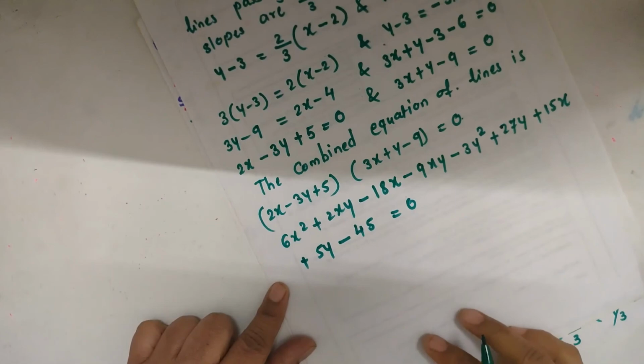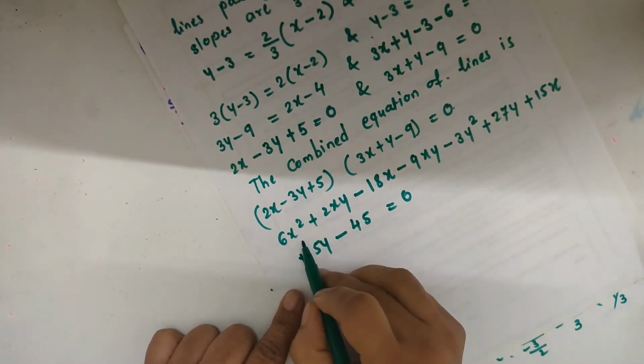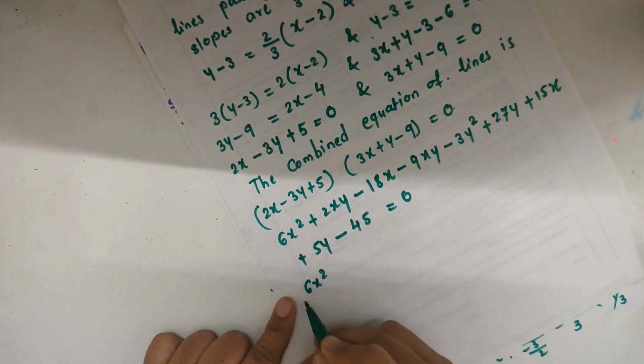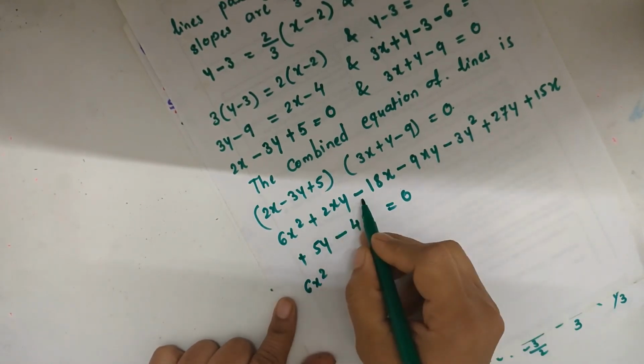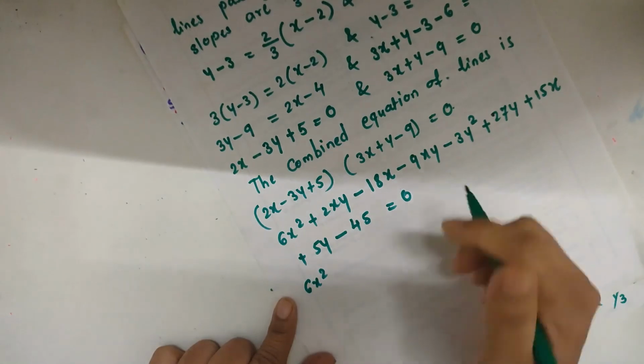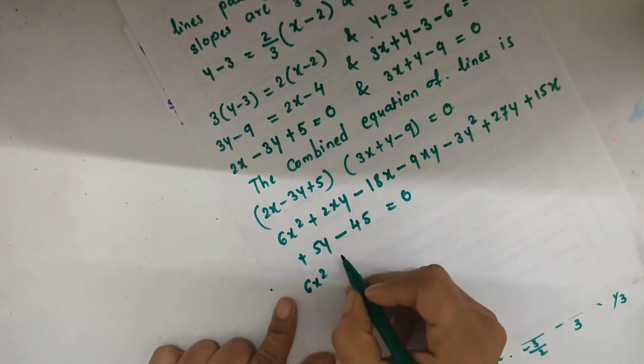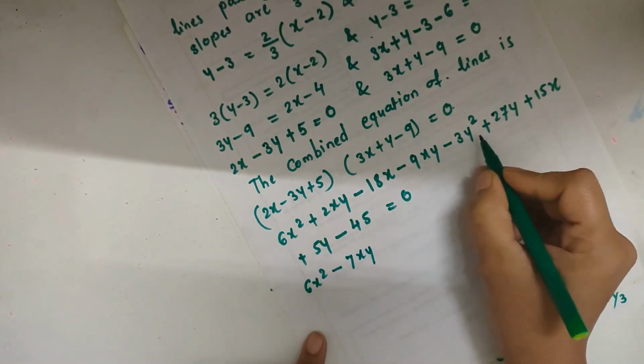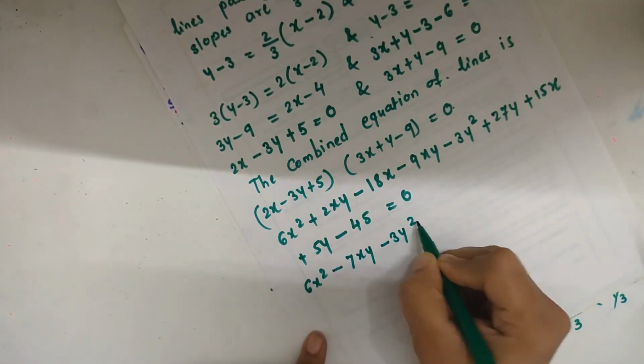Now collect the terms of same variables. 6x square is a single term, plus 2xy plus minus 9xy, we get minus 7xy. Minus 3y square is a single term.